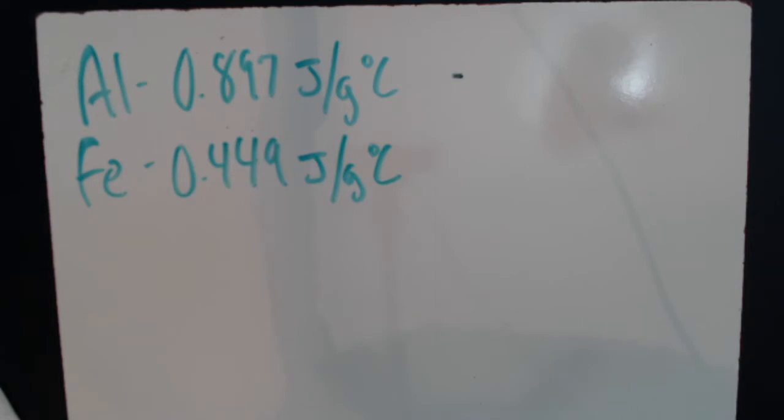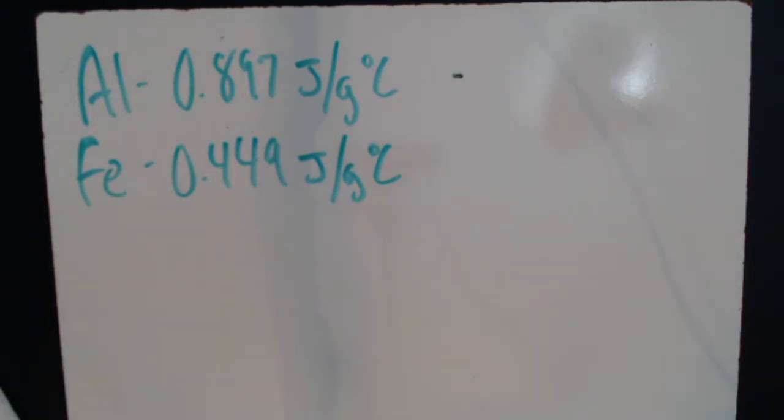But the reason I bring it up is I want you to always make sure you're paying attention to this up here, because this is important in terms of units in your question. This is the most common unit of specific heat that we're going to use. It's joules per gram degrees Celsius.